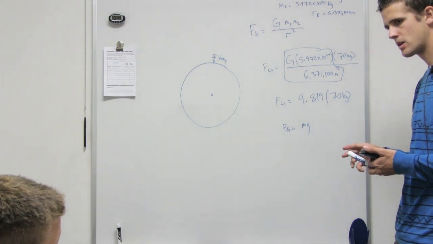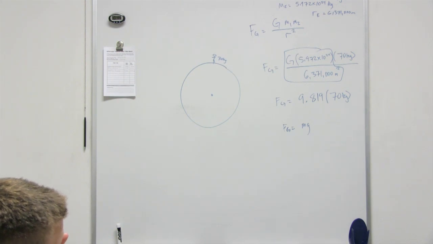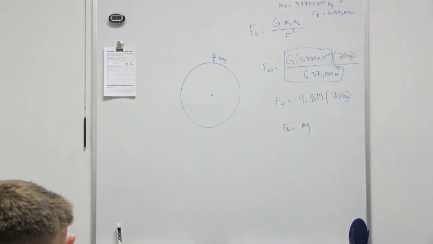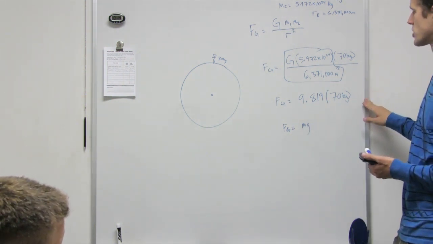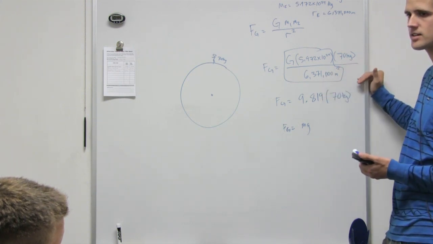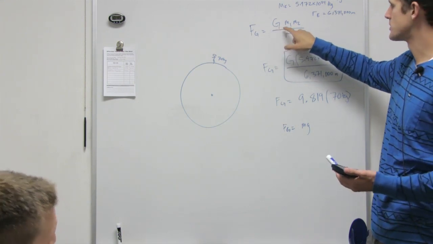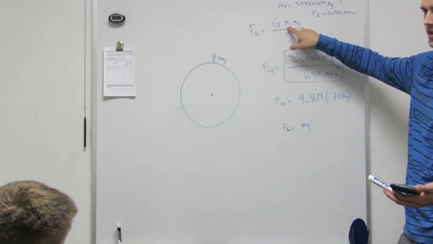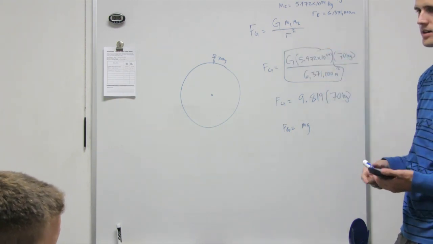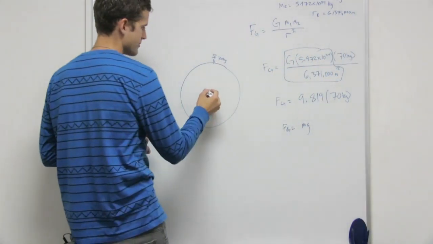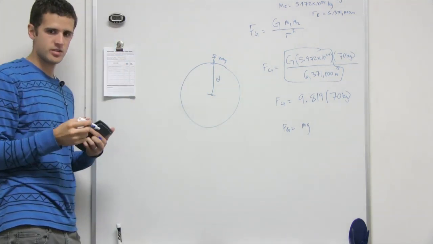Okay. So you just did the, okay. Yeah, times the 70 kilograms. No, not yet. I was just trying to show, for something on the surface of the earth, the numbers you use in this equation: G is just a constant, times M1, which is the mass of the earth, times M2, the mass of your object, over d squared, the distance between the centers of mass, or the radius of the earth.